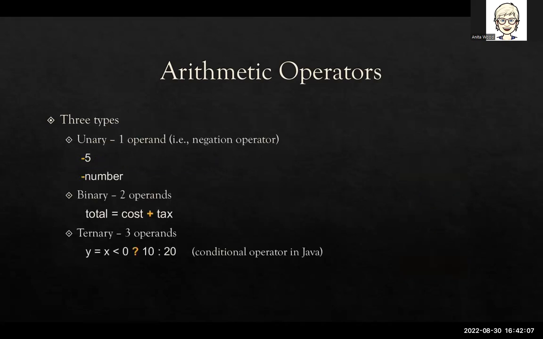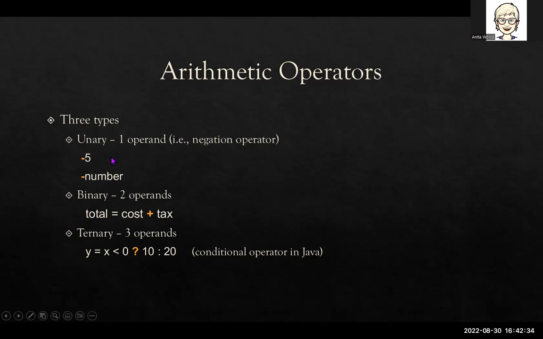Generally, there are three types of operators: unary, binary, and ternary. These terms reflect the number of operands an operator requires. Unary operators require only a single operand. For example, consider the following expression here. We know that it represents the value -5.